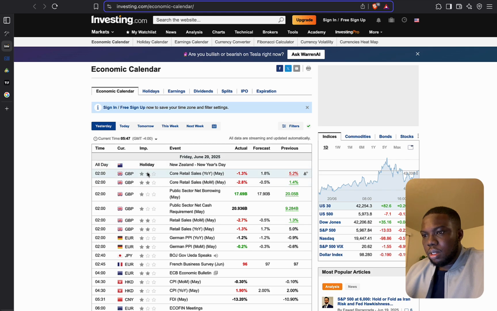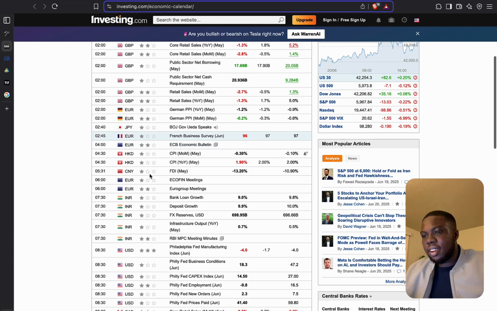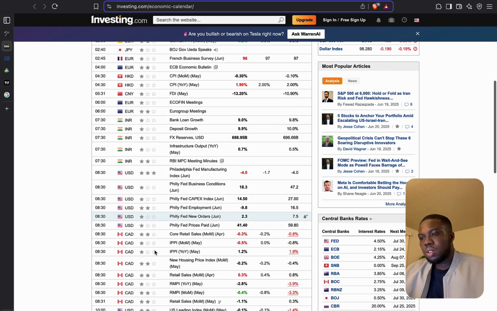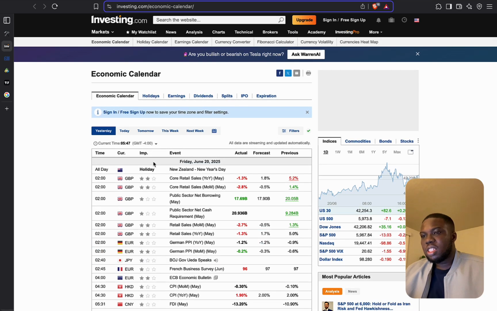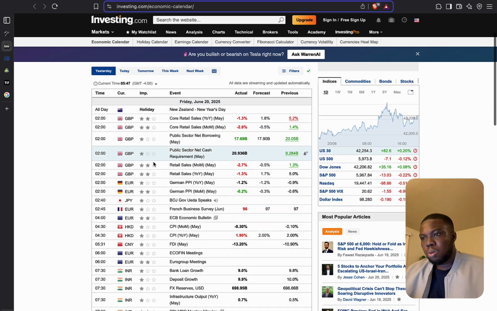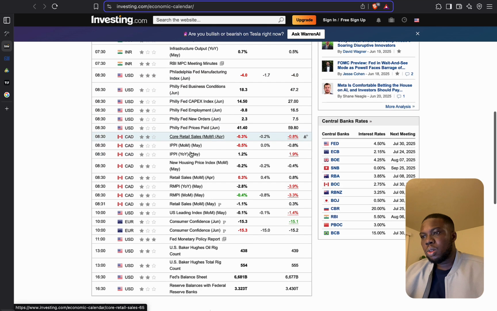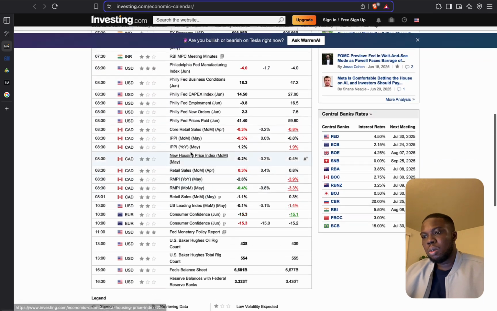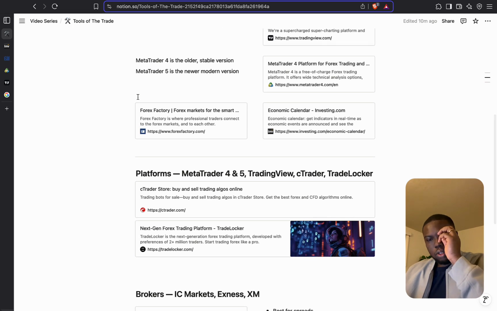The impact is shown in stars, so 1 star, 2 stars, or 3 stars for the highest impact. So basically that's how it is. Just before you begin trading, it's best to have an idea of whether there's going to be major red news in your session, so you adjust your plan accordingly.